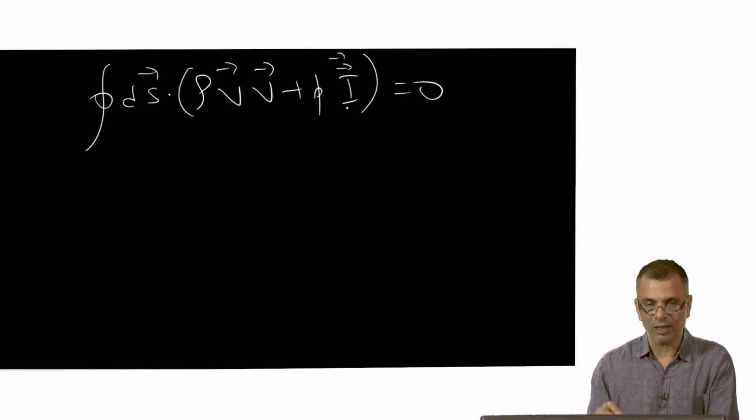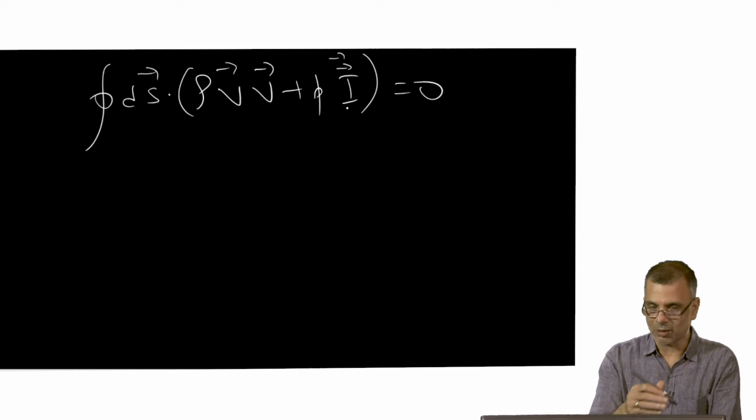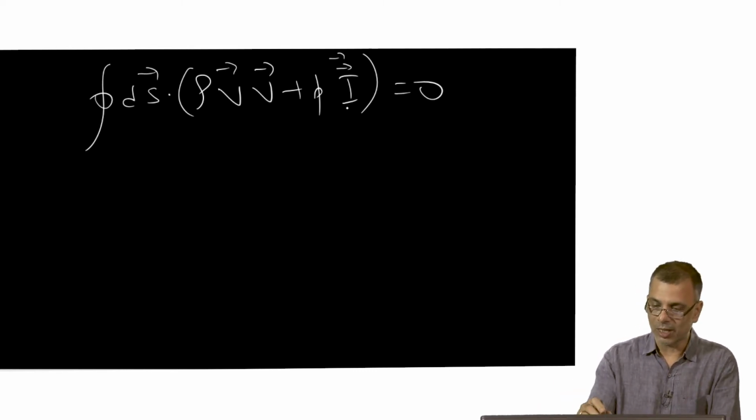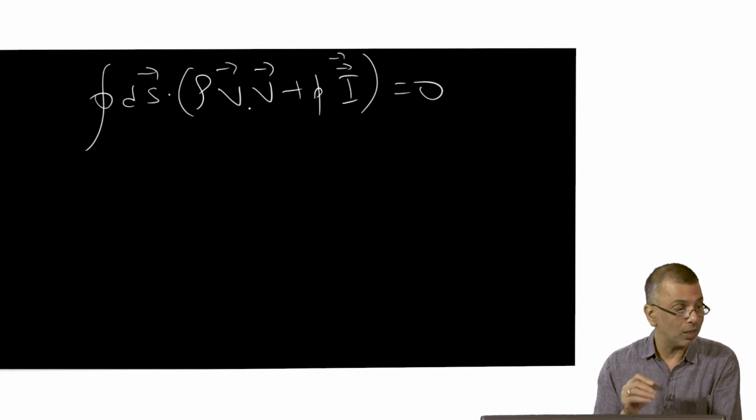Here I is the dyadic tensor, simply a tensor with the diagonal elements being 1 and the rest of the elements being 0, and this is the outer product of the two velocities, not the inner product, the outer product.